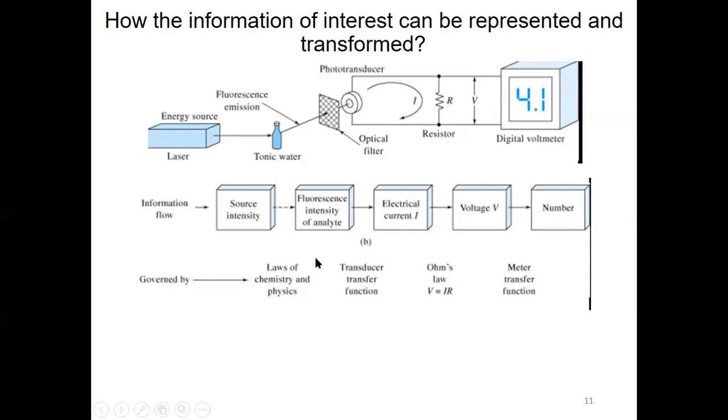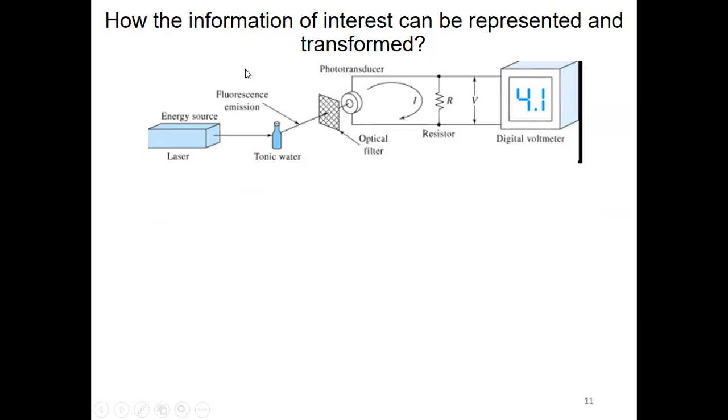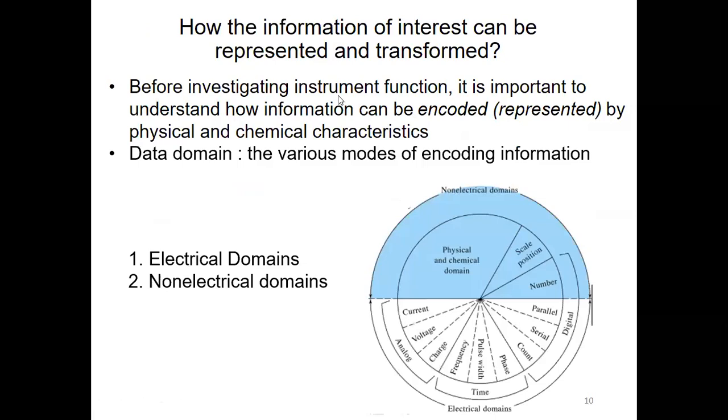We have fluorescence intensity and the current and voltage, and it will give us a number. What do you think? Which type of domains? Okay, tell me, fluorescence intensity: is it electrical domain or non-electrical domain? Let me go back to here. Okay, by looking at this circle, fluorescence intensity, is it non-electrical or electrical domain?